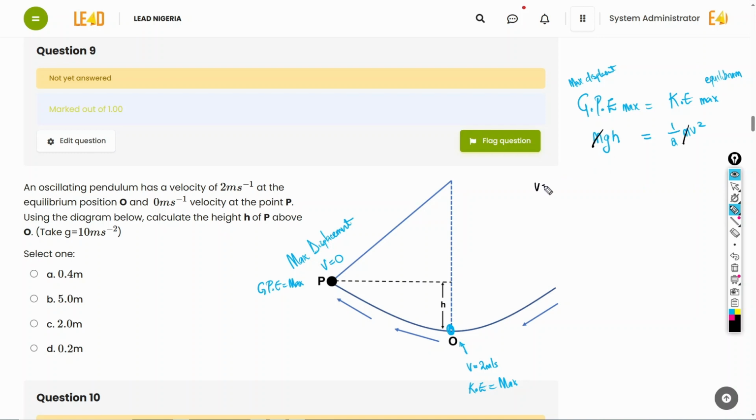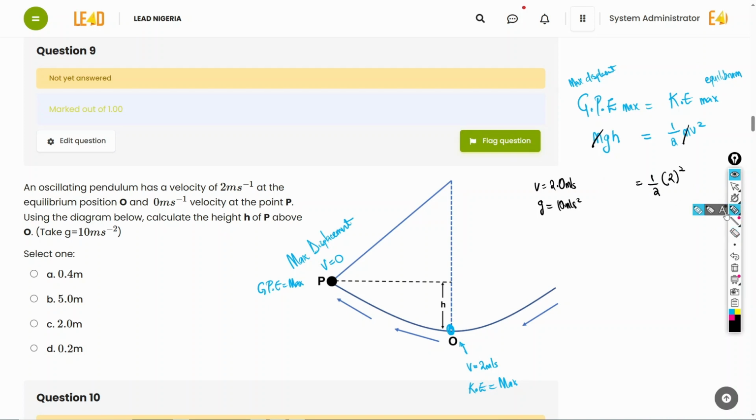And we can now plug in what variables do we have. We have our velocity as 2.0, and we have our acceleration due to gravity as 10 meters per second squared. So I'll plug this in and solve for h. So I'm going to have g times 10 is equal to 1 over 2 times the velocity squared, 2 squared. Oh, I'm sorry, this should be h times 10.